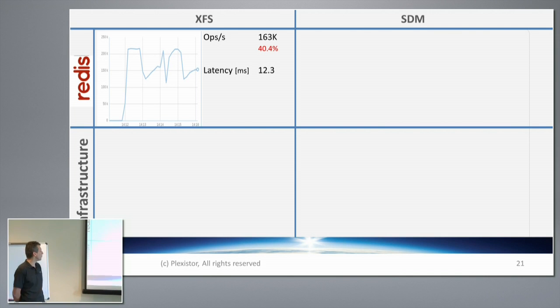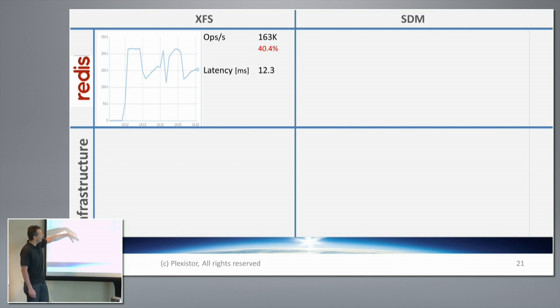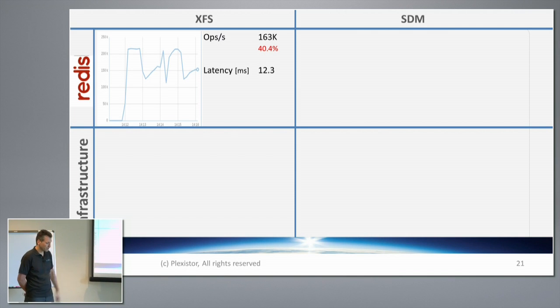It could be a lot more than 163, it could be a lot less than 163 at any given moment, and you don't really know until you try, right? So you need to over-provision just to compensate for that. And then the latency. This benchmark was optimized for throughput, not for latency, like many Redis users do.